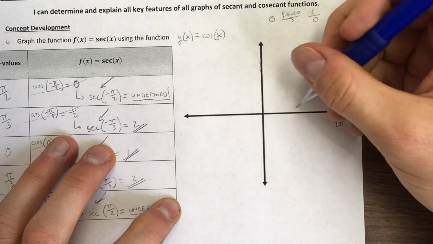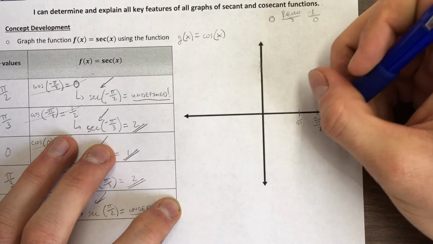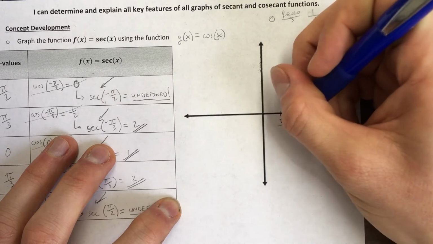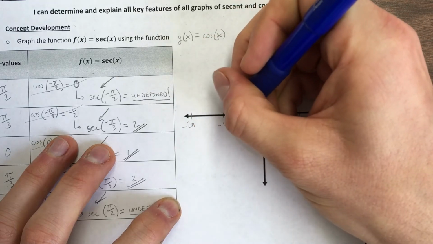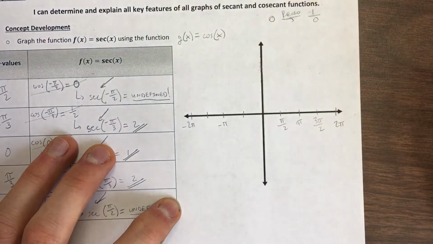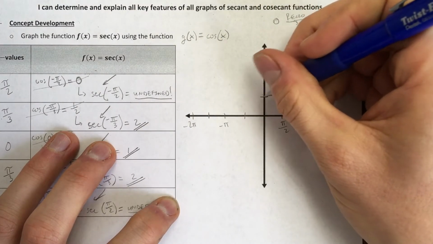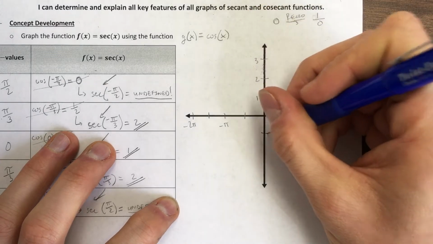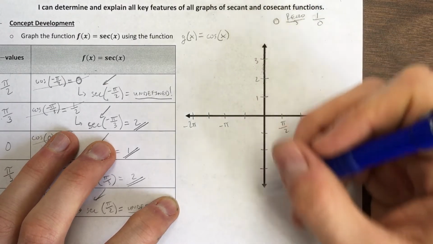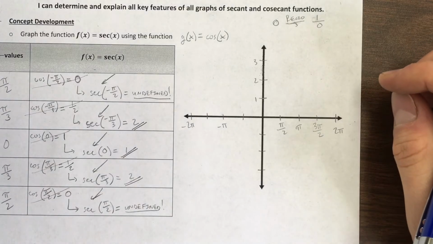Now I'm still going to go out to 2 pi, and we'll see eventually why that's the case. However, on the y-axis, I'm going to say let's go 1, 2, 3 just for this case. So that'd be -1, -2, -3.